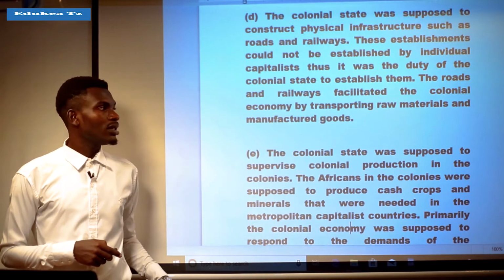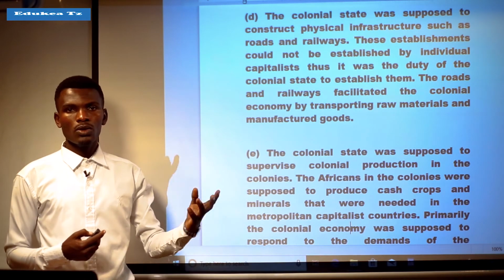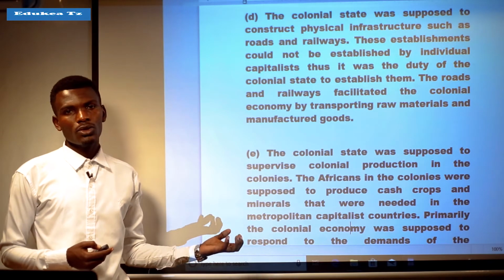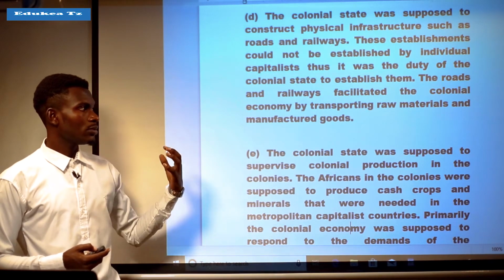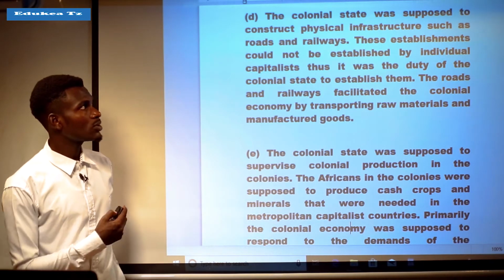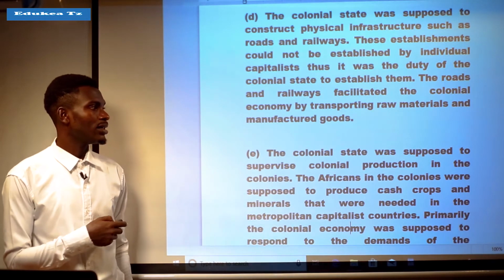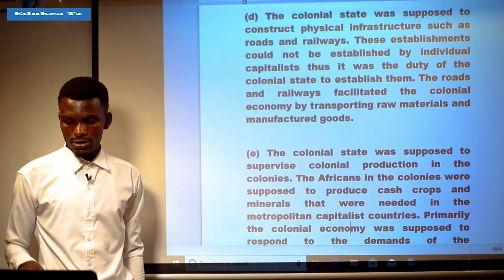It means that raw materials and manufactured goods were transported from the productive areas to the coastal areas, and from the coastal areas to the market areas respectively. So that was another aim of introducing the colonial state.